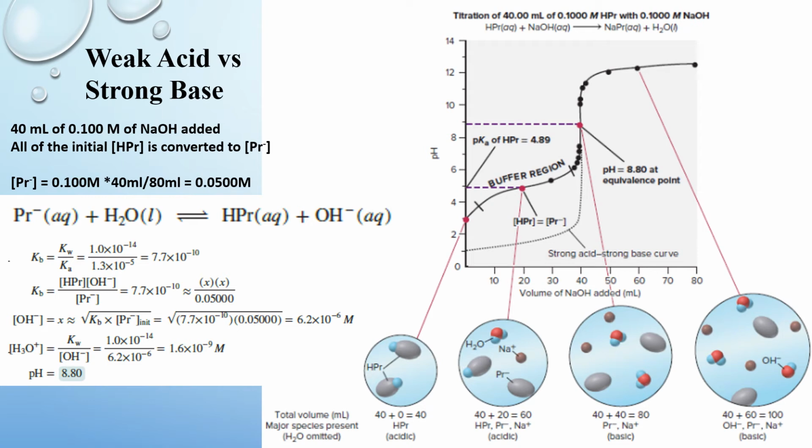So when the weak acid reacts with the base, in this case HPR reacts with the hydroxide, it's a one-sided reaction, generating the conjugate base and water.